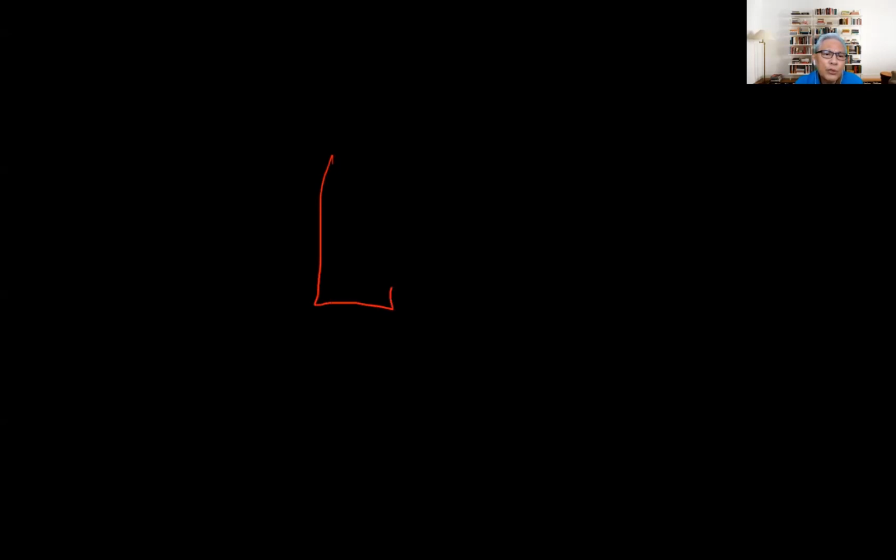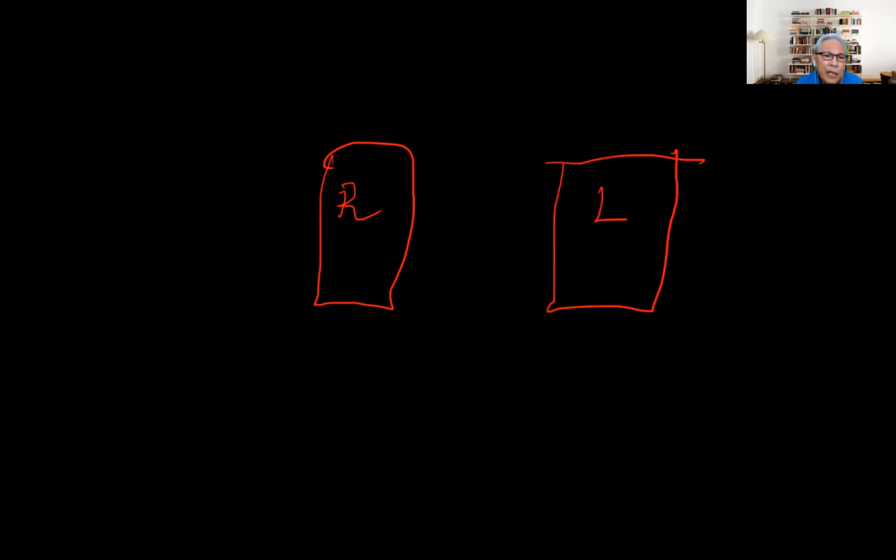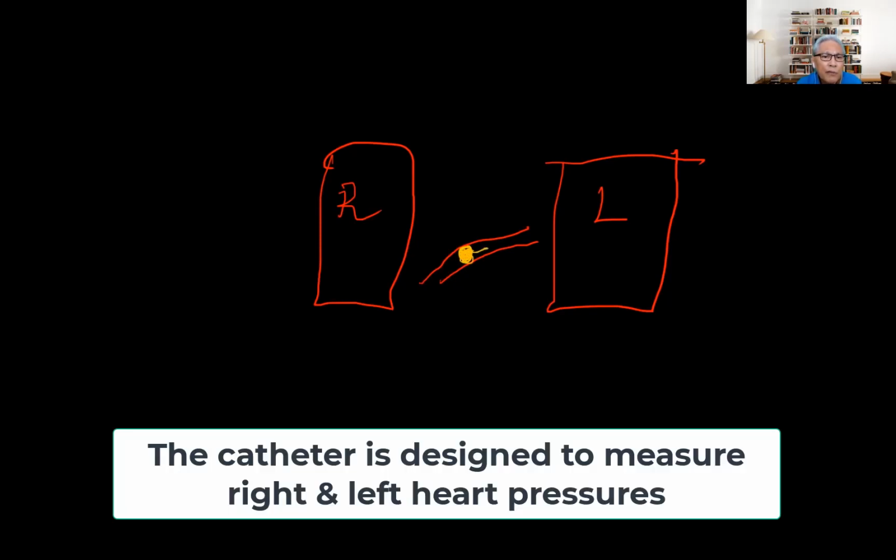So if we were to diagram the right side of the heart and the left side of the heart over here, and there's going to be the pulmonary arteries and the pulmonary veins right here, or the lungs, the concept here is that if I were to introduce a catheter that is going to be threaded into a tributary of the pulmonary artery, and I now occlude this particular artery, I can now therefore measure what is in front of this catheter. And what is in front of this catheter will be pressures coming from the left side.